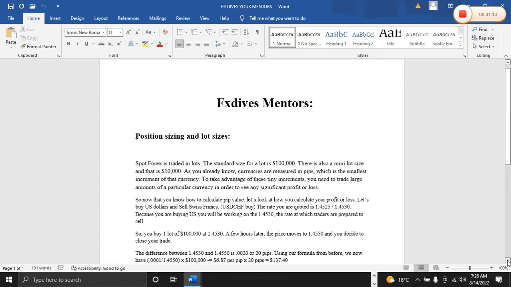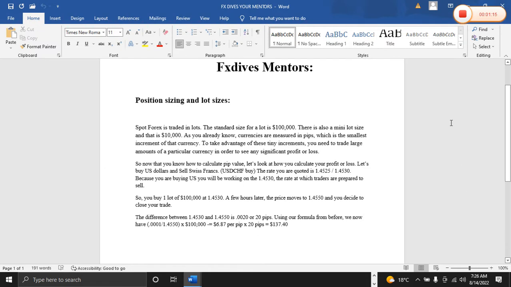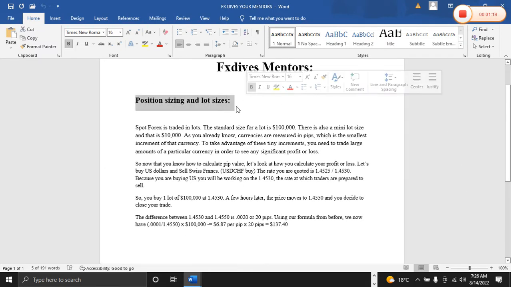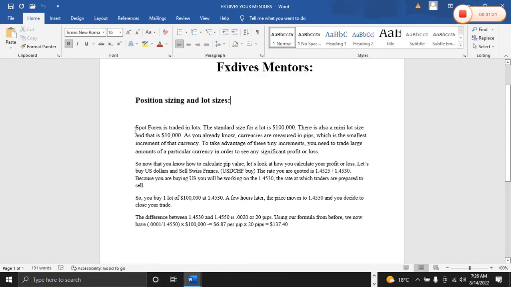Now in today's lesson, the topic is position sizing and lot sizes. Spot forex is traded in lots. When we are trading the forex market, we trade these currency pairs in lot sizes. The standard size for a lot is $100,000.